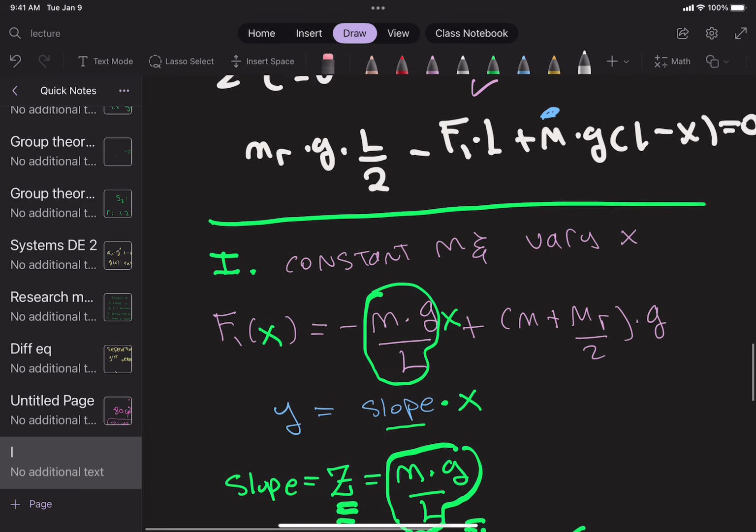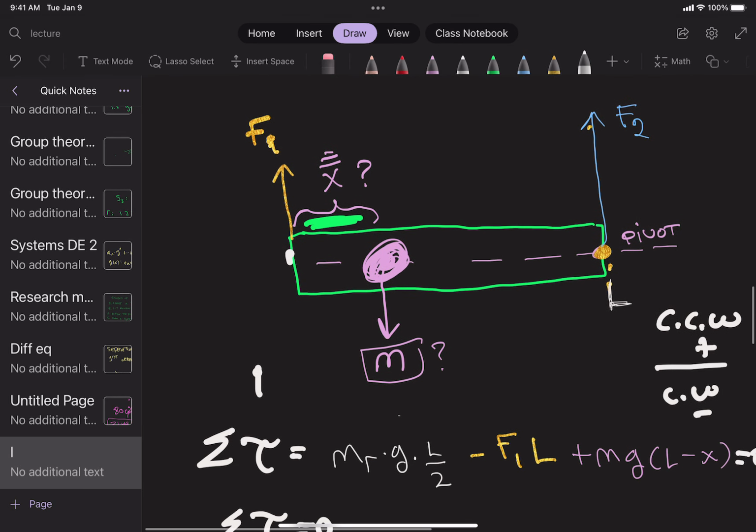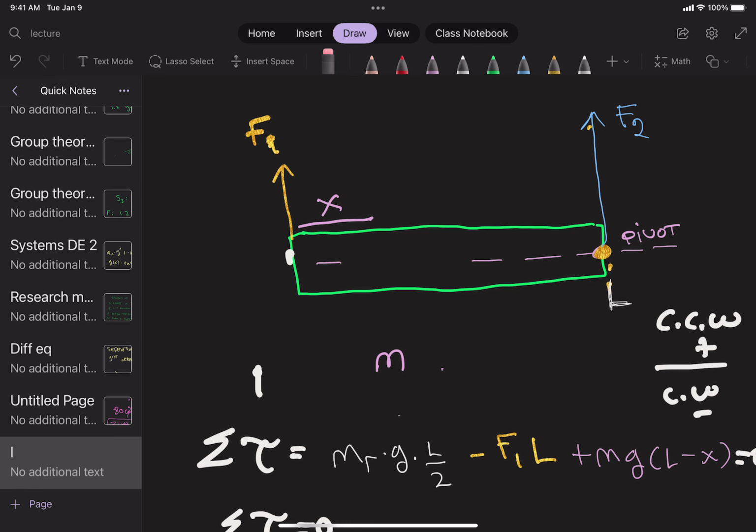So going back to this setup, now the distance is going to be fixed. You're going to keep it at one position for the whole experiment. And now you're just going to change the mass. You're going to make the mass bigger, and each time you increase the mass, you're going to record the corresponding force F1.